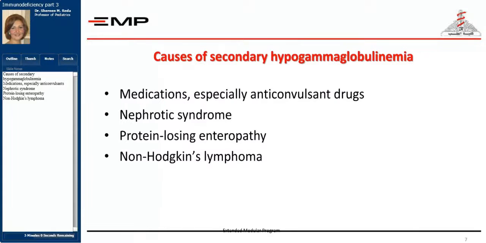And whenever you find hypogammaglobulinemia, you have to exclude the secondary causes, like medications, especially the anticonvulsant drugs, nephrotic syndrome, in which the proteins are excreted in the urine, or protein losing enteropathy. Here the proteins are lost in the stools. And the case of non-Hodgkin lymphoma.